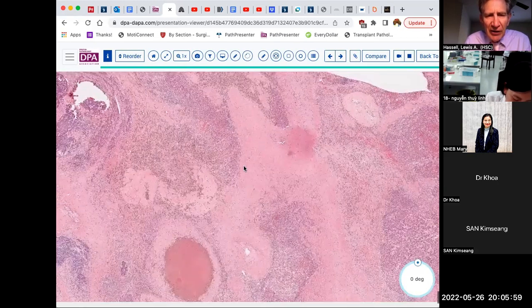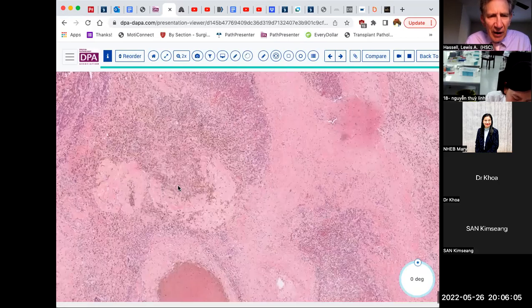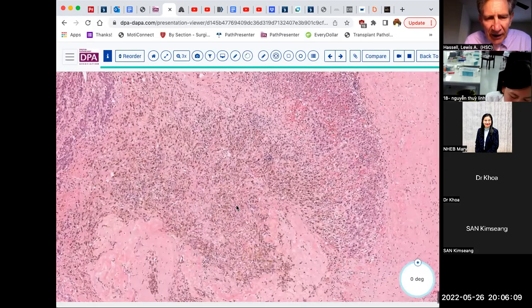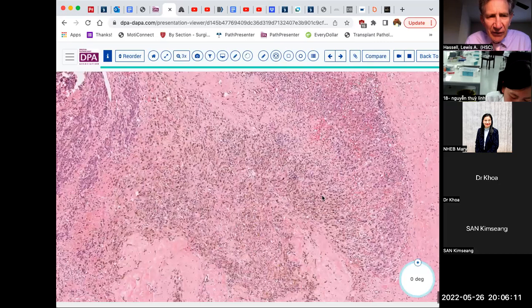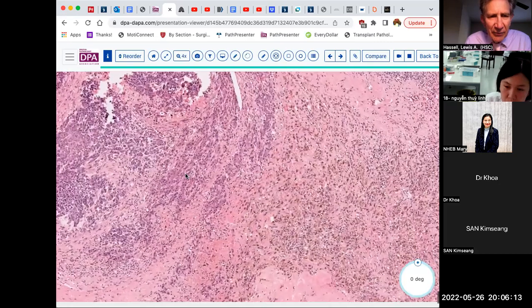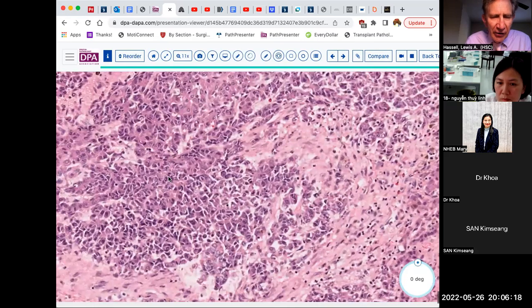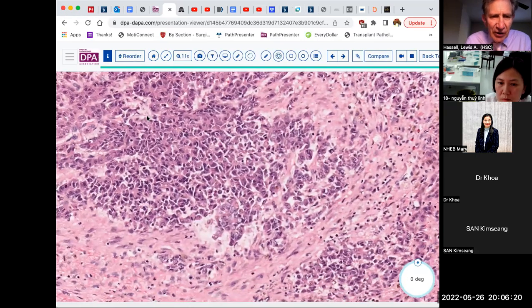So probably this tumor has been partially treated because you've got some areas of hemorrhage, fibrosis, and hemosiderin deposition in this area.